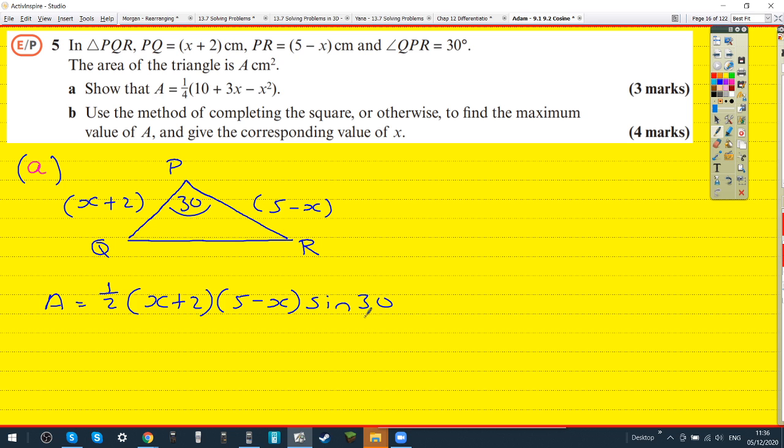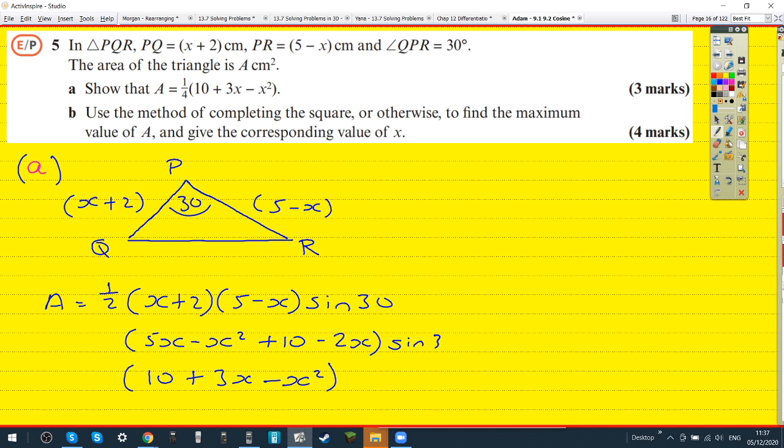So the brackets would give you 5x minus x squared plus 10 and then minus 2x, which simplifies down to minus x squared plus 3x plus 10. Yeah. And I'll write it the way they did. 10 plus 3x minus x squared.